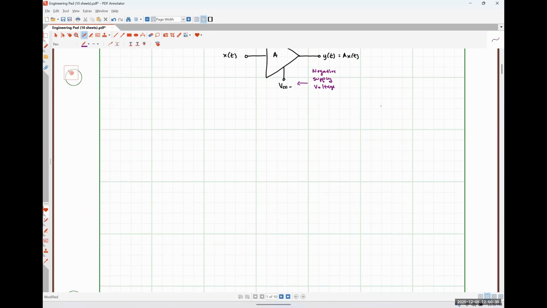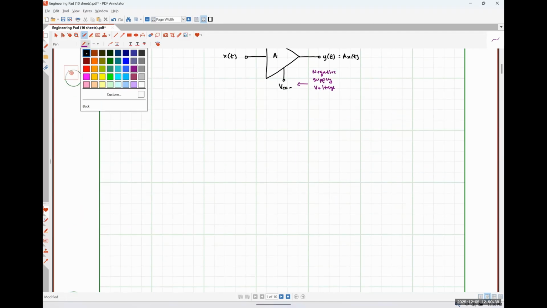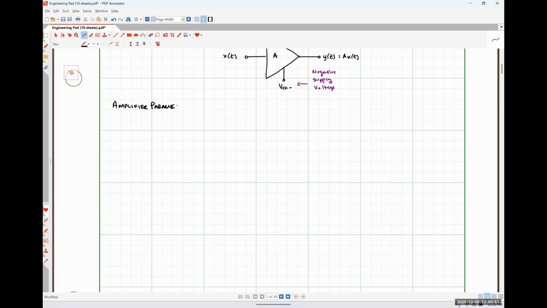So now let's talk briefly about amplifier parameters and models. The internal circuitry of an amplifier can be extremely complex.